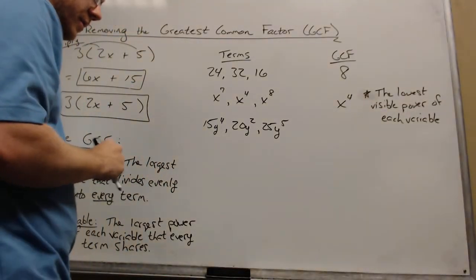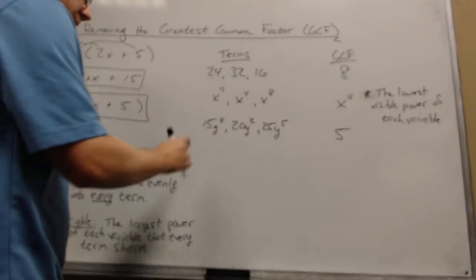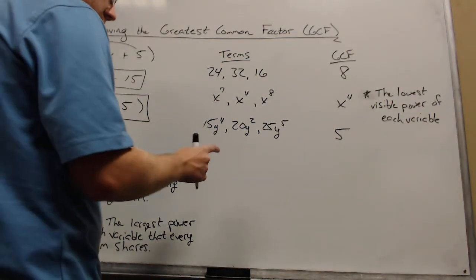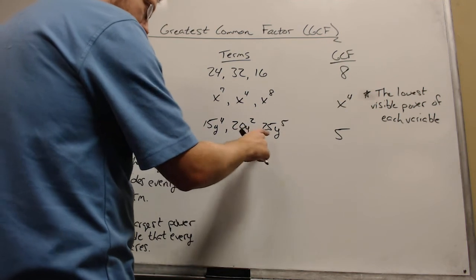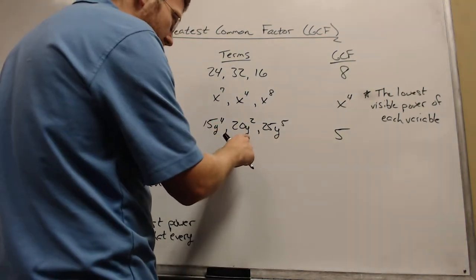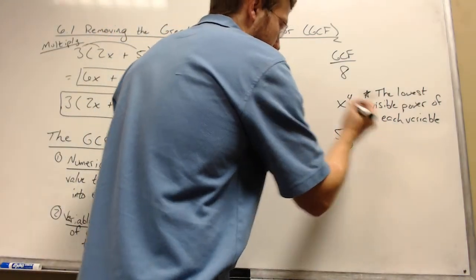They can all be divided by 5. And then we're dealing with y's. Look for the lowest power, y squared. This pile has 4 y's, this pile has 2 y's, and this pile has 5 y's. I'm able to take 2 y's out of all these piles. So y squared, just look for the lowest exponent.